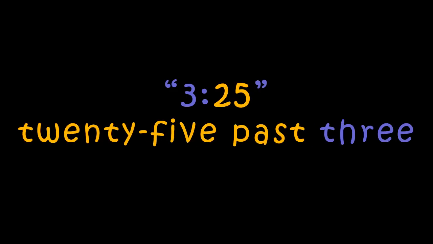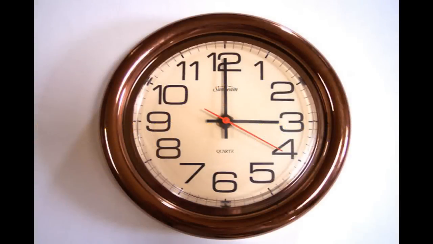Here we have 3:20, so it's the same pattern. You had 5 past 3, 10 past 3, now we have 20 past 3, and 25 past 3. Okay, is this clear? So basically it's the number of minutes that have passed, and that's easy to remember, the number of minutes that have passed the last hour, which was 3 o'clock. Now, things get a little bit tricky after this.